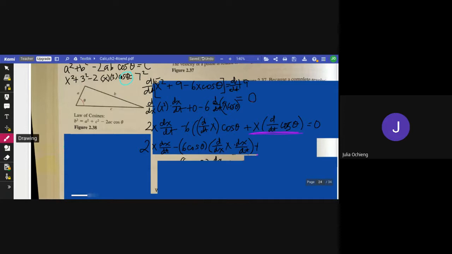Okay, so to use a chain rule for this part right here, that's going to be plus x times the chain rule, so d over d theta of cosine theta times d theta over dt. So the derivative of cosine theta is going to be negative sine theta, and then derivative of theta in terms of t.